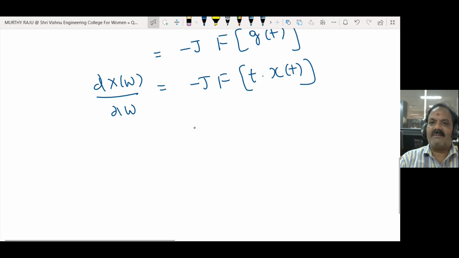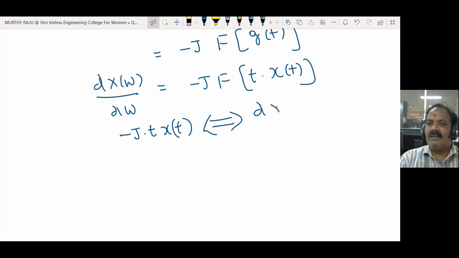This can be written as minus j times the Fourier transform of t x of t is d X of omega by d omega. This is a proof.